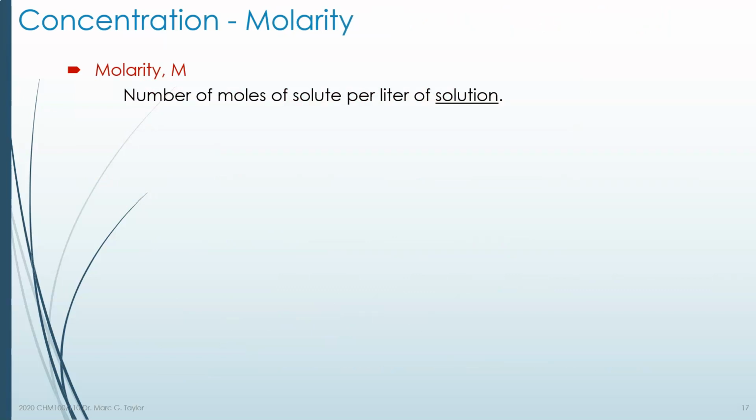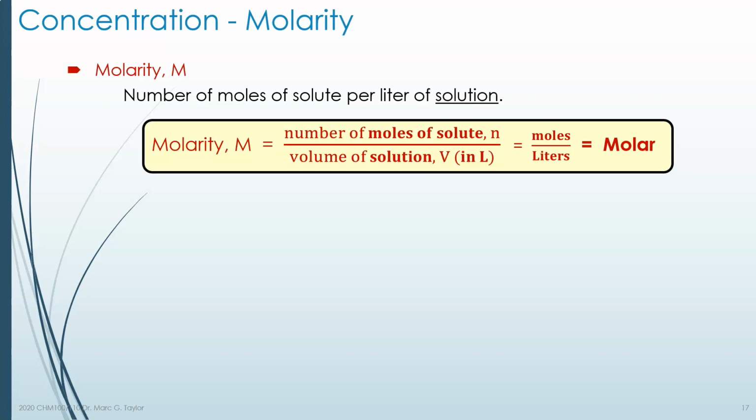So the third unit of concentration that I want to talk about, and this is by far the most important to chemists, is molarity. And we express the unit as either moles per liter or a capital M. The capital M means moles per liter. Please don't use a little m, a lowercase m, that has a different meaning.